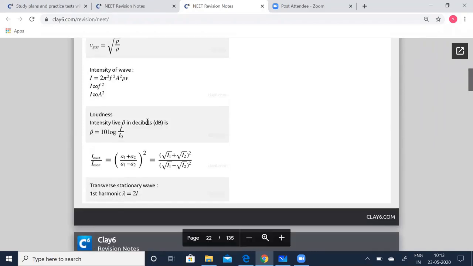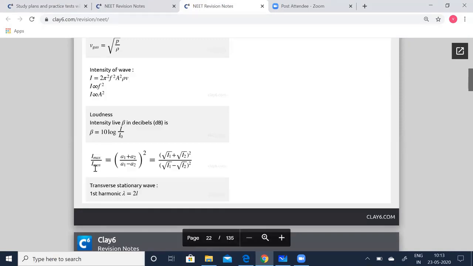Loudness. The intensity level beta is always measured in decibels, dB. So beta is equal to 10 log(I by I0), where I is the final intensity and I0 is the initial intensity.